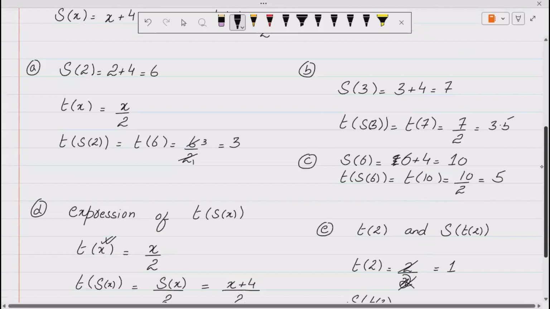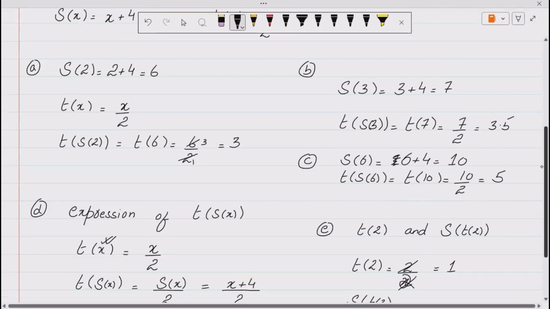Now, after this, we have to find part H. Part H is find an expression of S T x, the composition of S T x. S of x is x plus 4. T of x is x upon 2. So we have to find S of T of x. Instead of x, I write T of x.